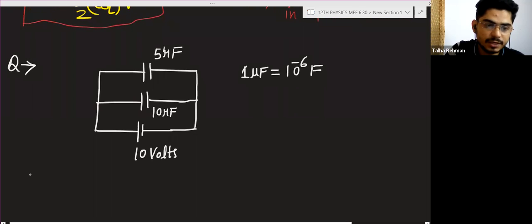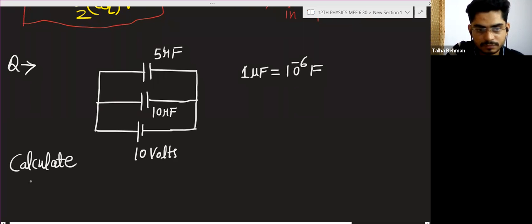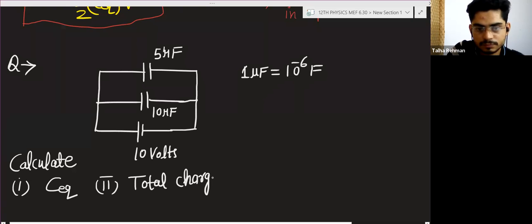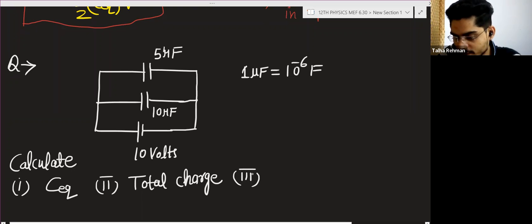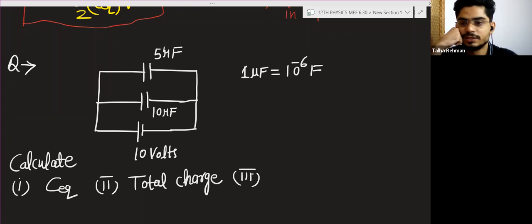So we have to calculate number 1, C equivalent, number 2, total charge. Actually, I am not teaching like you are in CBSE or you are preparing for JEE Advanced or you are preparing for NEET. Okay.